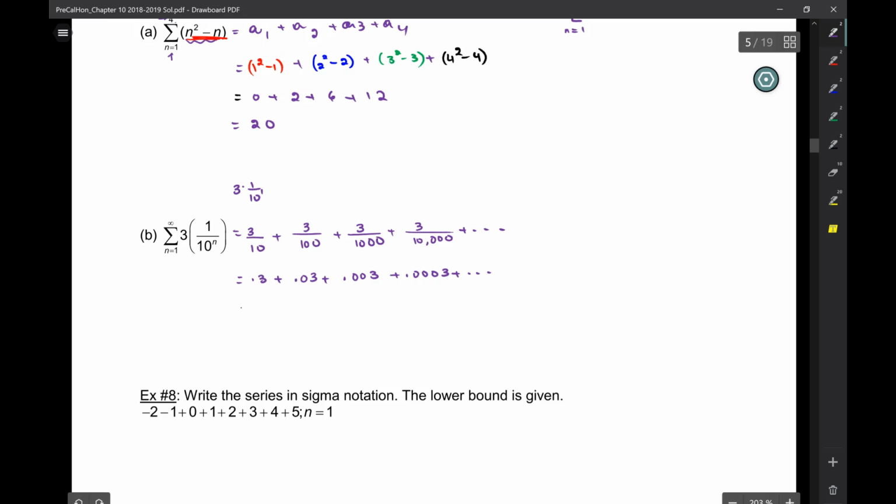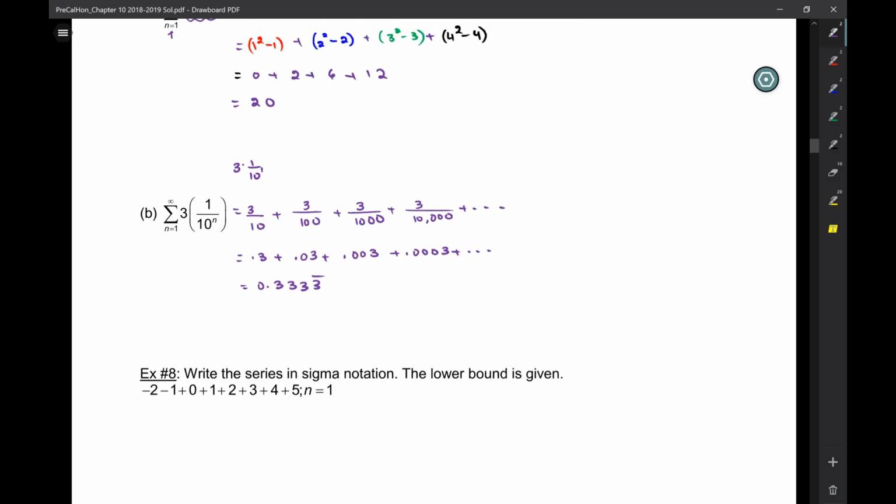Okay, so when you add them all up, this is going to be 0.3333 and so on with a bar. Now, don't you dare at this point in your life ever officially give an answer with that bar. That's a math teacher's nightmare. So how else can we write it? 1/3.